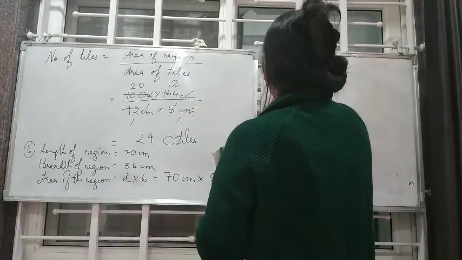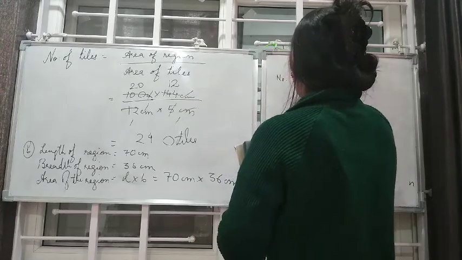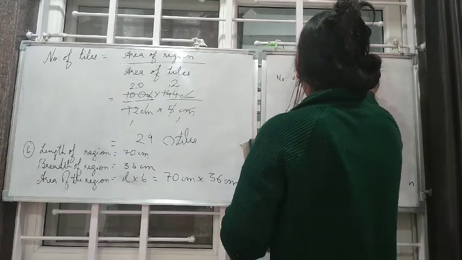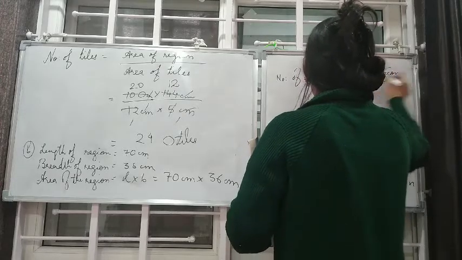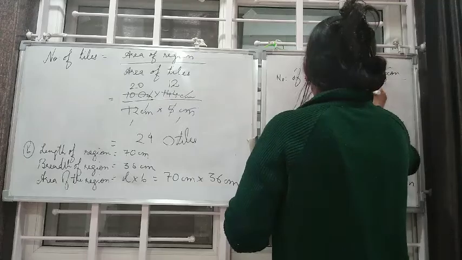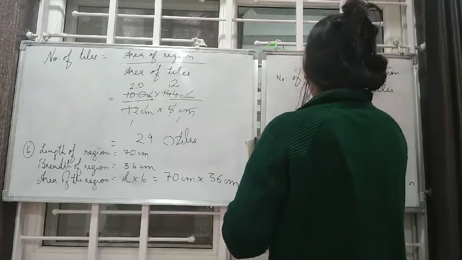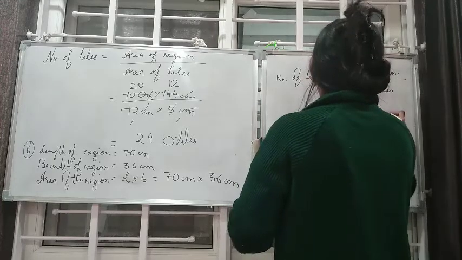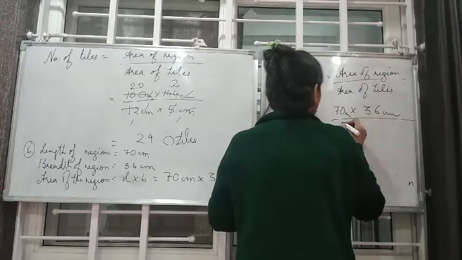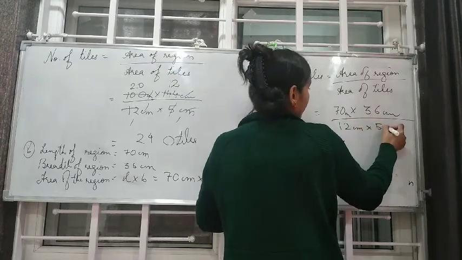So, number of tiles is equal to area of region upon area of tiles, which is equal to 70 into 36 centimeter upon 12 centimeter into 5 centimeters.